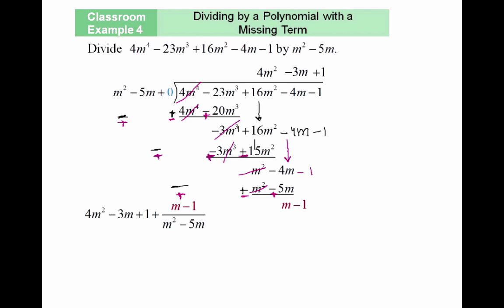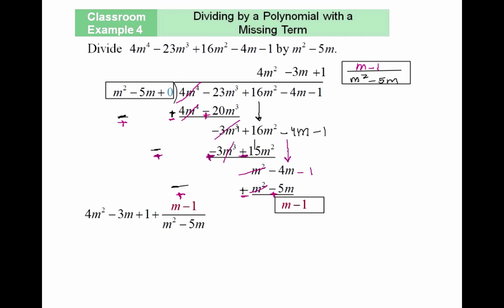So that's your remainder. If I were going to write this last step, I would say what times this quotient would give me this remainder. It must be a fraction. At the top of the fraction, I'm going to write the remainder, m minus 1. At the bottom of the fraction, the quotient we have here. If I multiply this fraction by the quotient, I would get the remainder.